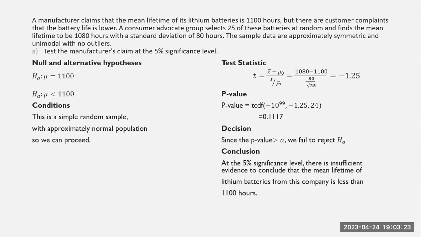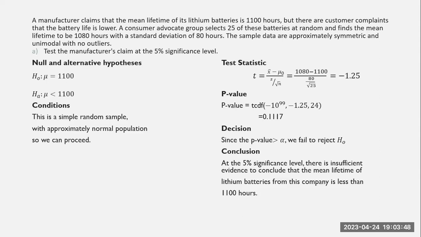Now, that p-value is bigger than our significance level, isn't it? So our decision, do we reject or fail to reject our null hypothesis? Fail to reject, right? Which means for our alternative, we don't really have a strong statement. We just go, yeah, we don't really have enough evidence to conclude that. So our conclusion and our decision, they're both very easy to state.